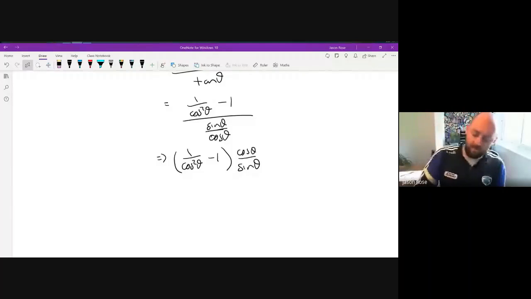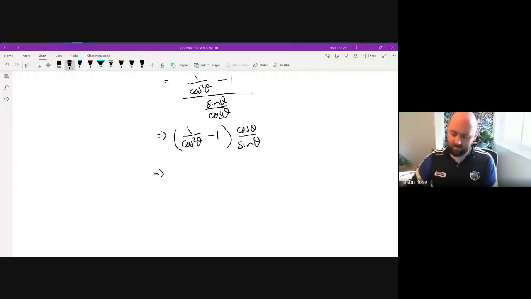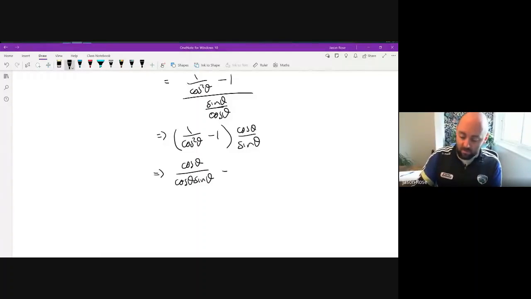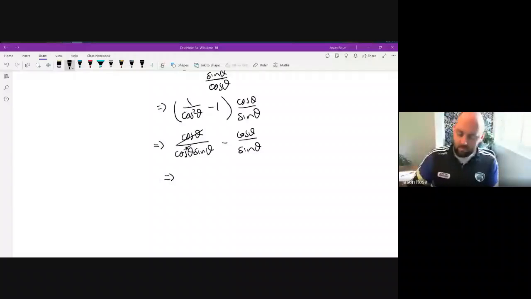Multiplying out, I am seeing cosine theta over cosine theta sine theta minus cosine theta over sine theta. That was cosine squared. Way longer than the other one. I shouldn't be using implies here either.